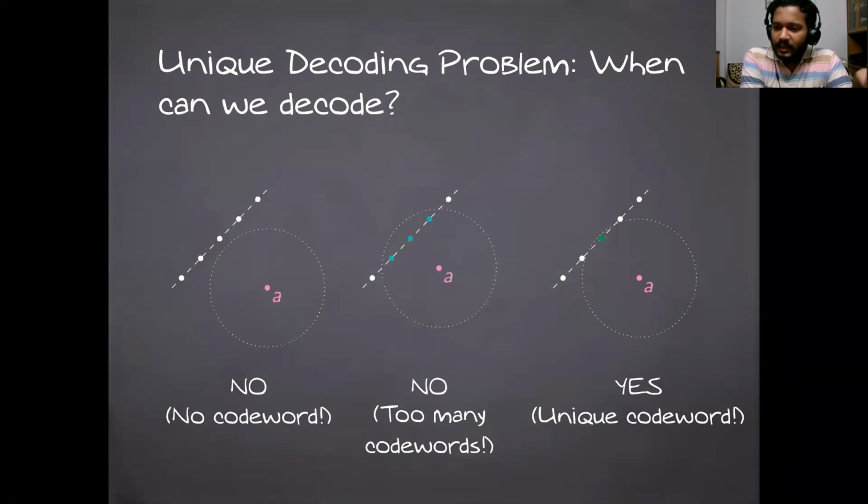It's a deterministic algorithm. So we will be in a fix which one to choose. So this is a case which we would like to avoid. The perfect case for us is when we have the corrupted word and at a reasonably close distance, we have exactly one code word from the code of interest. When we have that, we will hope that the algorithm works correctly and pinpoints that exact correct code word and gives it to us as the output.